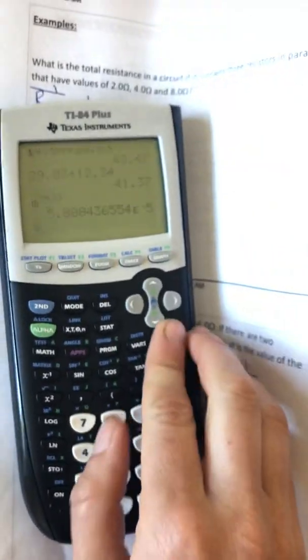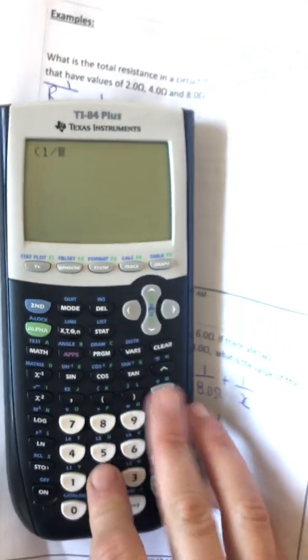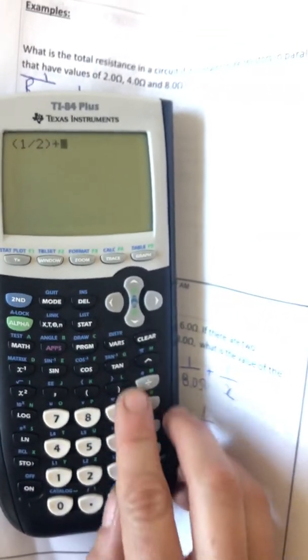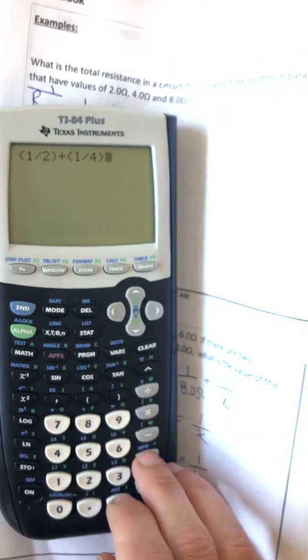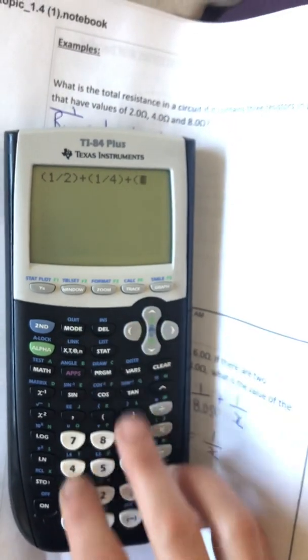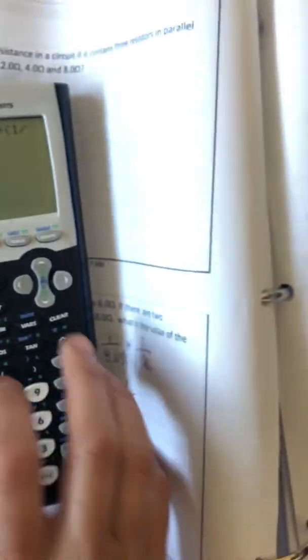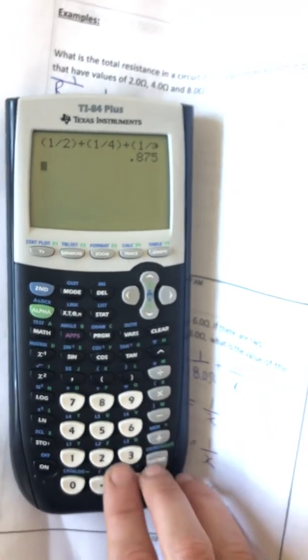So let's figure out how to do that in here. Okay, remember brackets are your best friends. So 1 divided by 2 plus 1 divided by 4 plus 1 divided by 8, and then you get your 0.875.